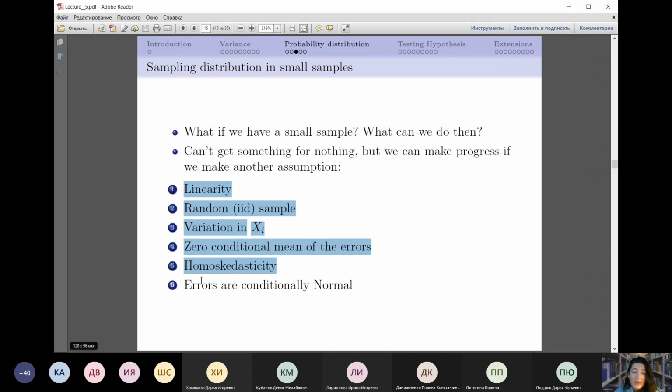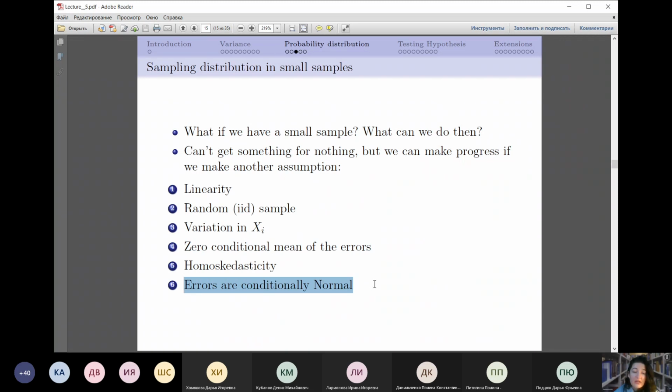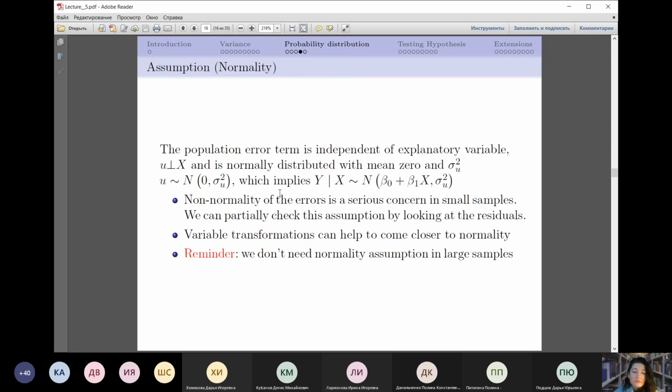But we also need to add one more assumption in small samples. This assumption is that our errors are conditionally normally distributed. This is one more assumption for the small samples. So you can check this.